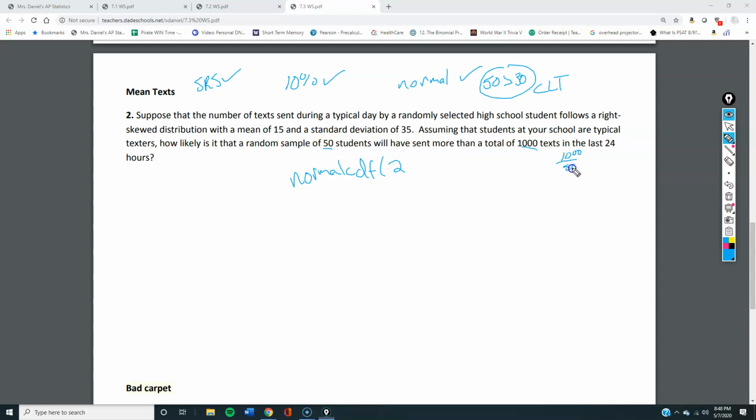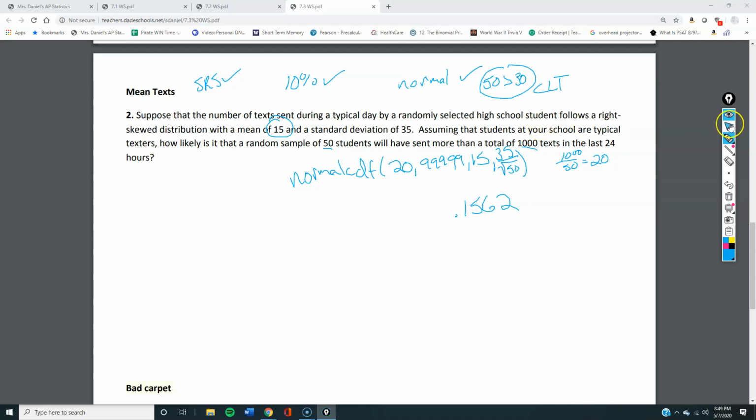If I do 1,000 divided by 50, they're looking for an average of 20. So we're going to go from 20 to 99999 because it could be 20 or more. The mean is 15. We got that from right here. Now the standard deviation, because we're taking a sample, we do 335 divided by square root of 50. When I plug that in my calculator, I get 0.1562. So there's a 16% chance that a random sample of 50 high school students will send more than 1,000 texts in a day.